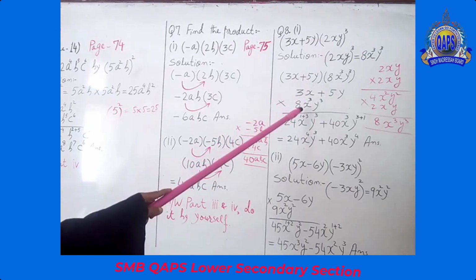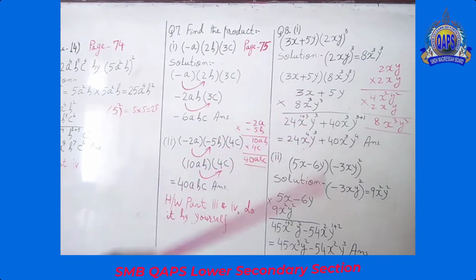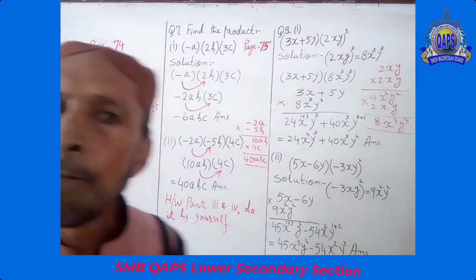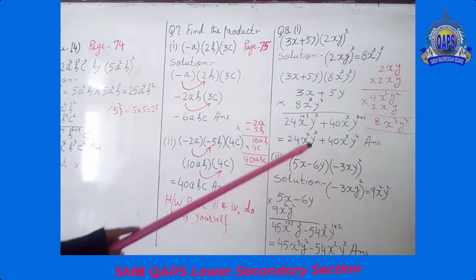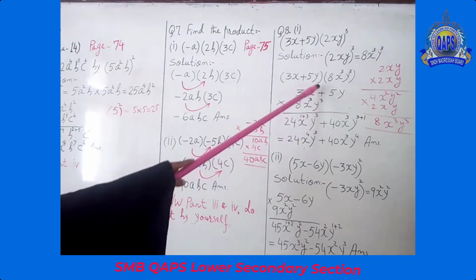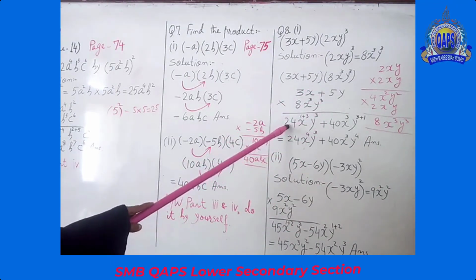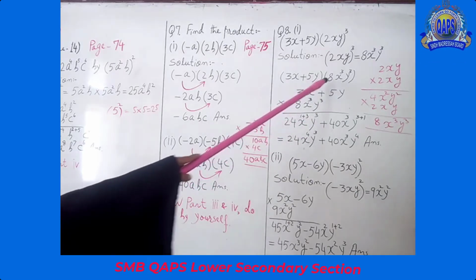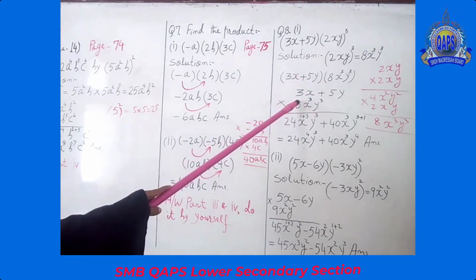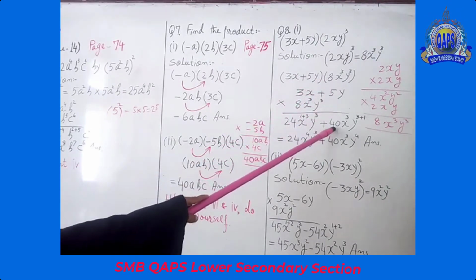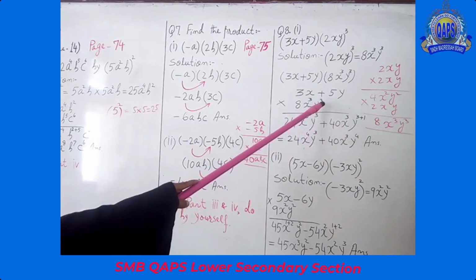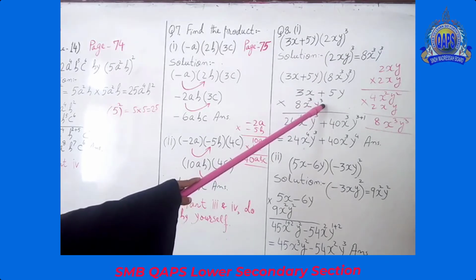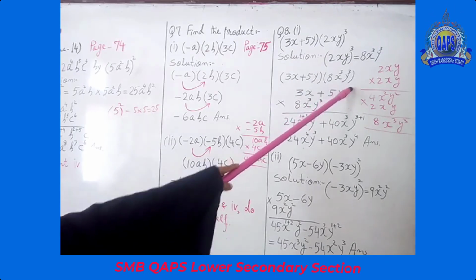X power 1 plus x power 3. Why? When we multiply, powers will be added. Y power 3. Plus 8 5s are 40. X power 3, y power 3 plus power 1.